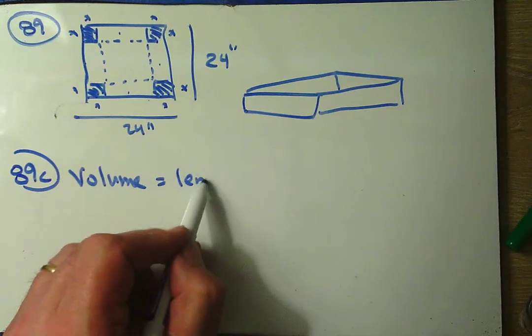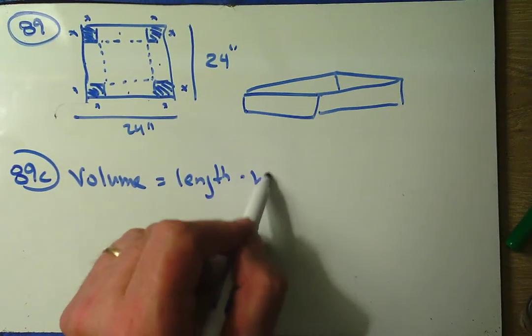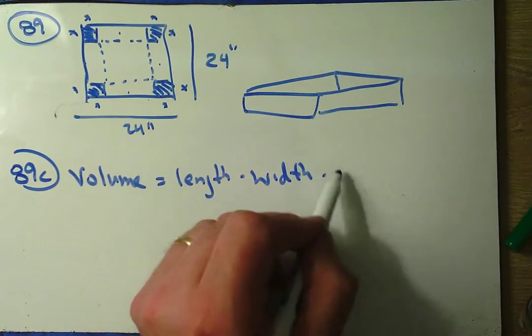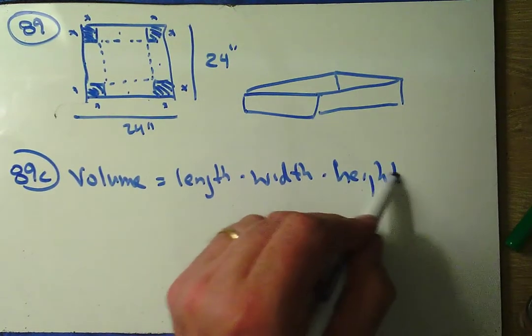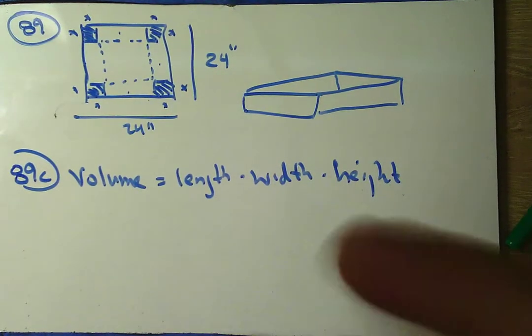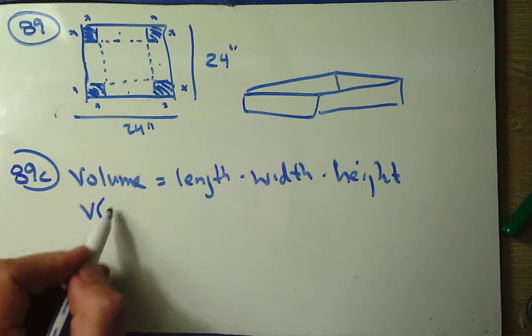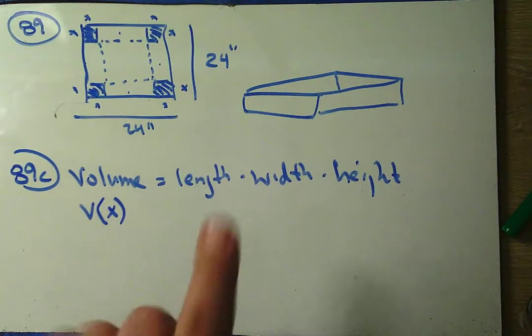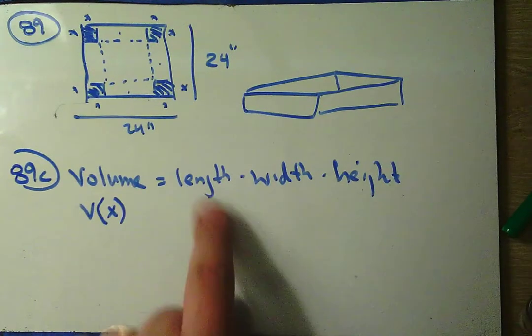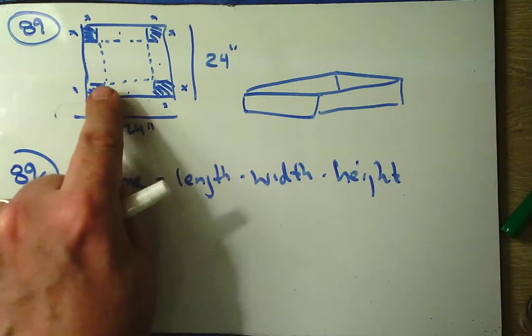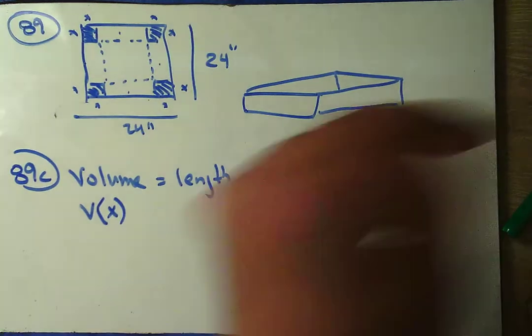And we know volume is length times width times height. And if we don't know that, we really need to. Okay, so I've been asked in 89C to find volume as a function of x. So somehow I need to write these in terms of x's. Well, let's go back up here to our picture.